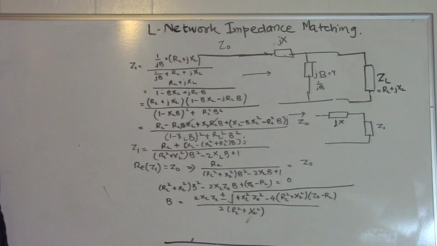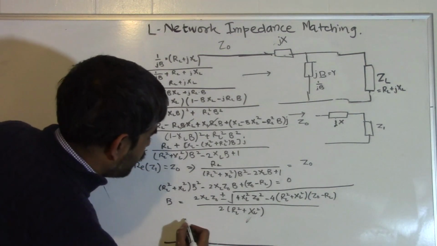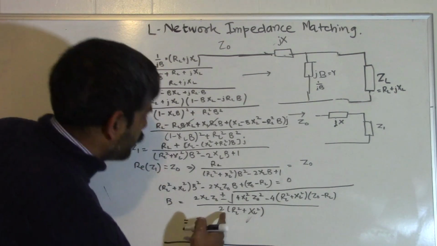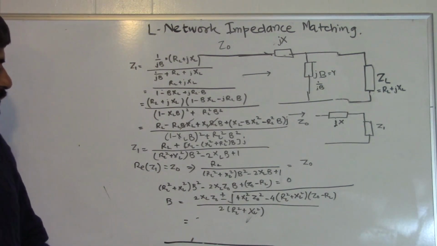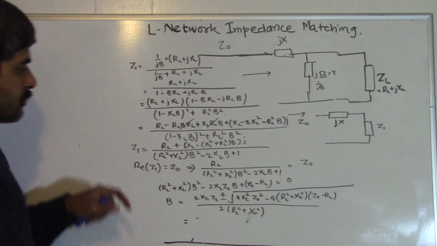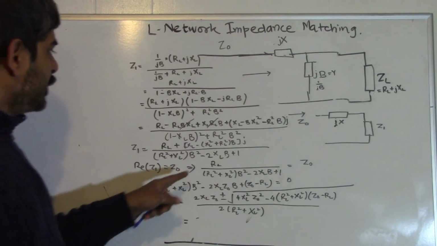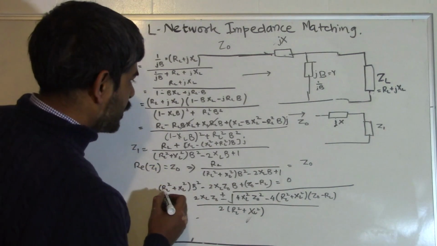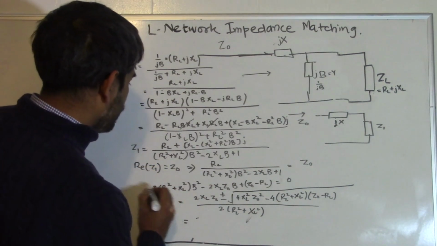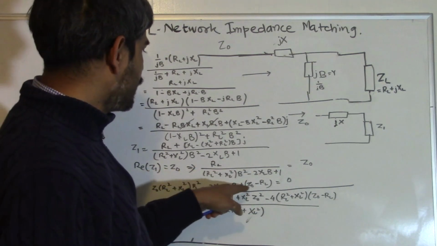This is what we have now. A little bit of math, but hopefully not too tedious. The 2 cancels, and there are 4 here, so they also get cancelled. One mistake here: we had a Z0 multiplied here, so that becomes Z0 here, and then 2 XL into Z0.